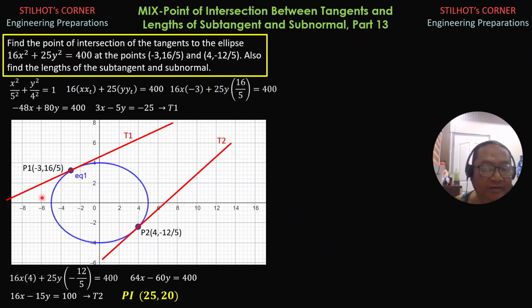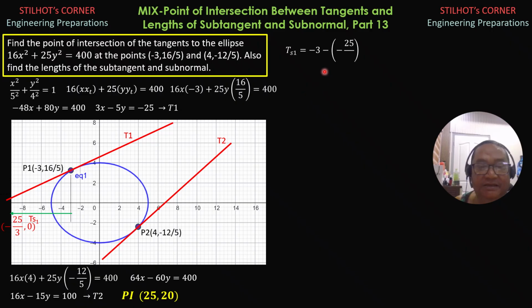So that's why the x-intercept of the first tangent, setting y equals 0, is negative 25 over 3. So if the coordinates there are negative 25 over 3 comma 0, this is the subtangent for tangent 1, TS1, and that is x, negative 3 minus negative 25 over 3.